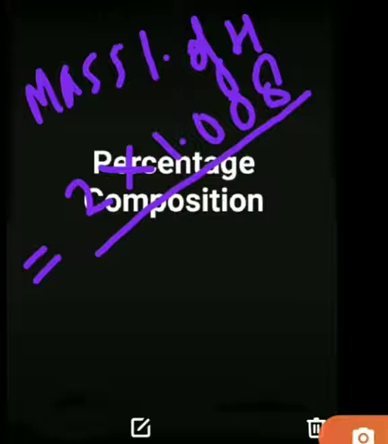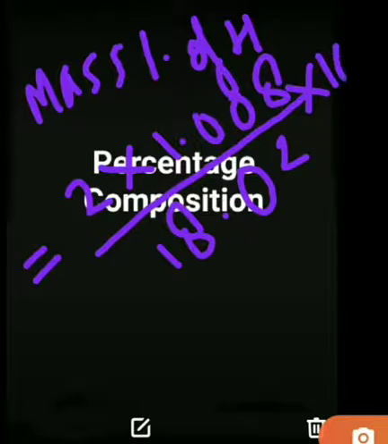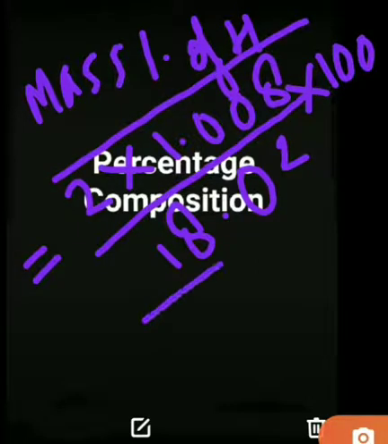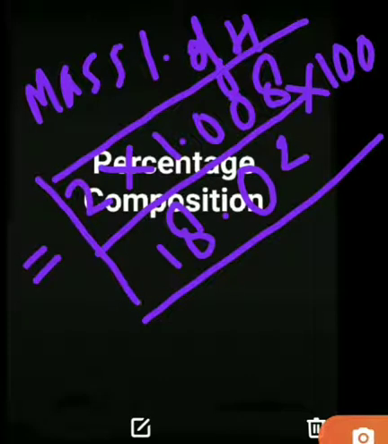The molar mass of the compound, that is water, is 18.02, and we have to multiply it by 100. So this will be the calculation for the mass percentage of hydrogen, and whatever compound or element we are considering.